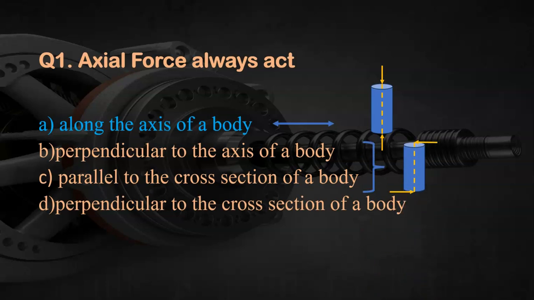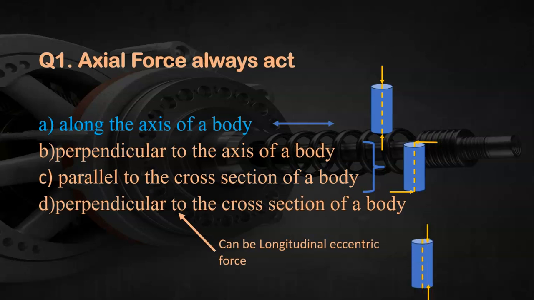Option B is perpendicular to the axis of a body, and option C is parallel to the cross section of a body. Both are cases of the shear force as shown in the figure. And option D, perpendicular to the cross section of a body, can be a case of longitudinal eccentric force as shown in the figure. So the right answer for question 1 is option A.